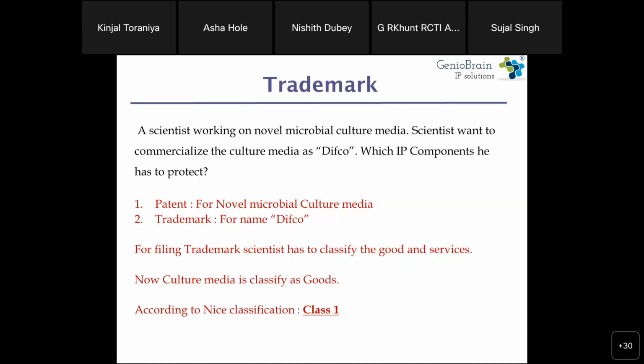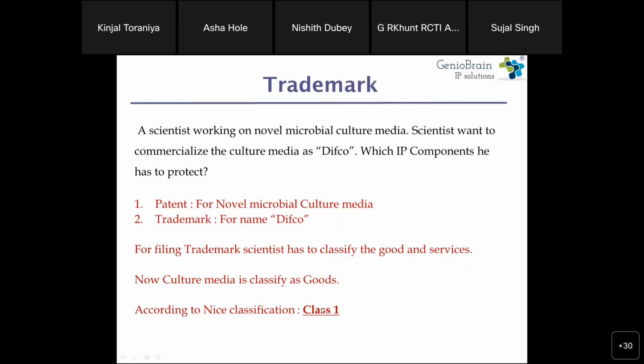Like, is it a distinguished name? Does anybody have the same name? So what he'll do is, first of all, find out what the class for the culture media is, right? Here the Indian trademark office has given us a nice classification where culture media has been classified in class 1. Good. Out of the 45 classes, class 1 is for the culture media. So he needs to search whether the name DIFCO has already been registered in class 1.